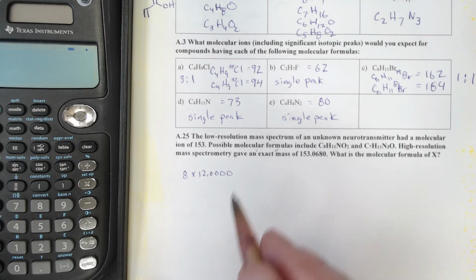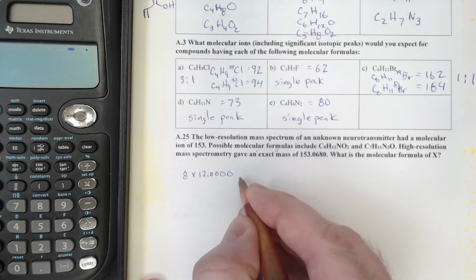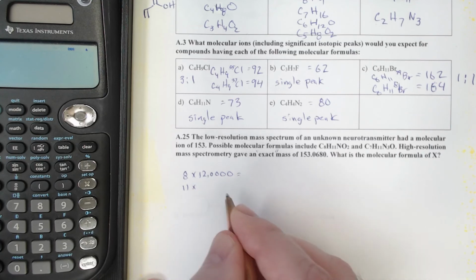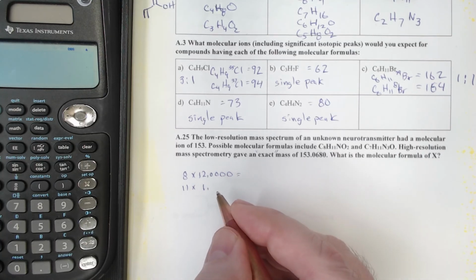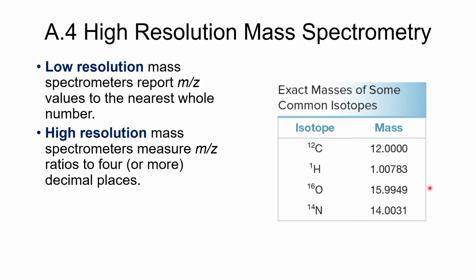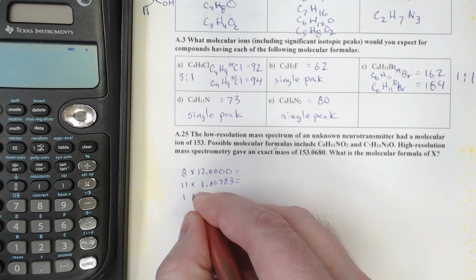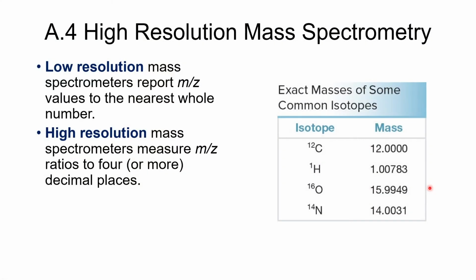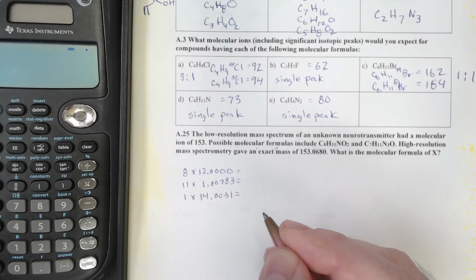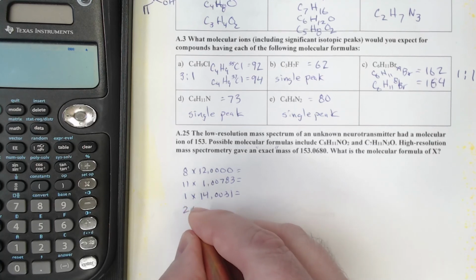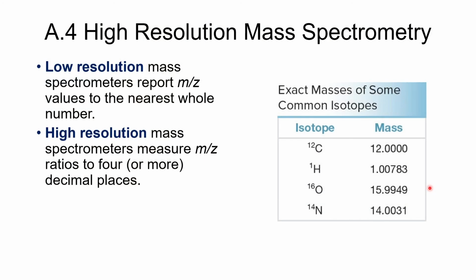For the hydrogen, we've got 11 of those, so 11 times 1.00783. For nitrogen, we've got 1 times 14.0031. And for oxygen, we've got 2 of them, so 2 times 15.9949.